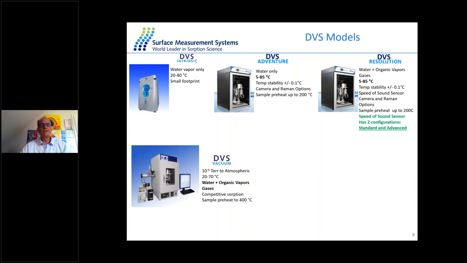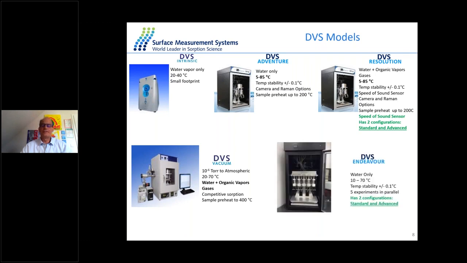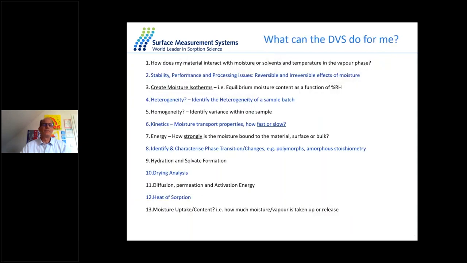And the DVS Vacuum for membranes and porous materials, zeolites, MOFs, etc. The DVS Endeavor is our last system, it came last week, and it allows you to measure 5 samples at the same time under exactly the same conditions, water or organic absorption or both. So mixtures are also possible with some of our systems.